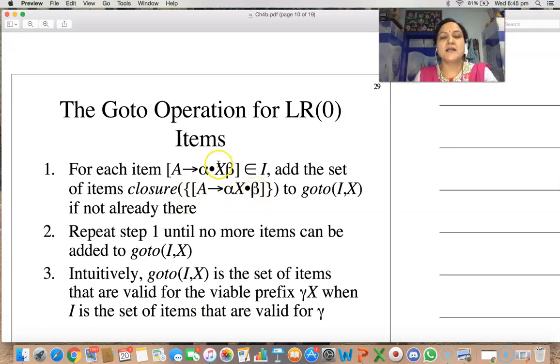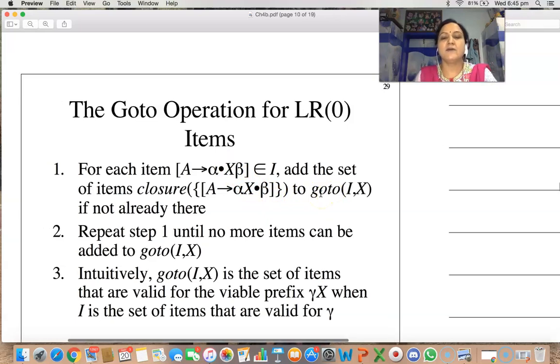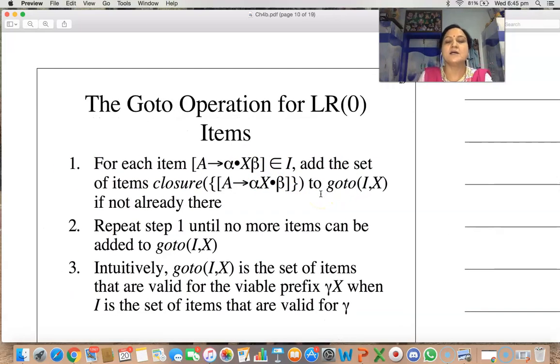That means that X is read by the parser, and we take a transition in the DFA and go to goto of I comma X. Just see that if this type of production is already there in I, then don't add it repeatedly. If it is new, then only we have to add it. So repeat step 1 until no more items can be added into goto of I comma X.